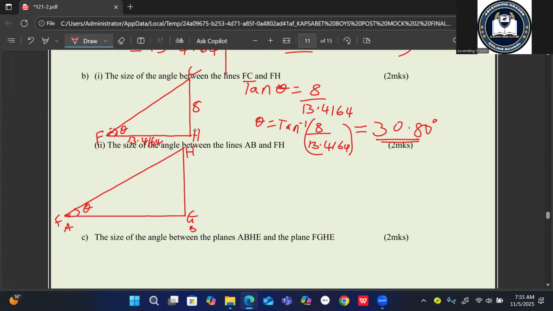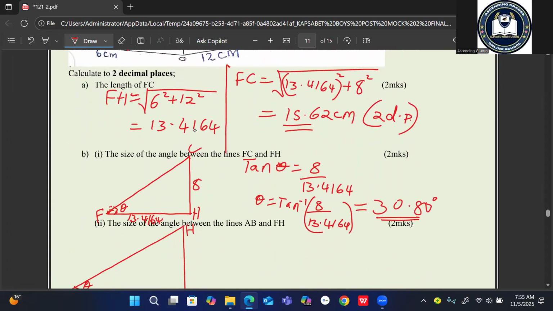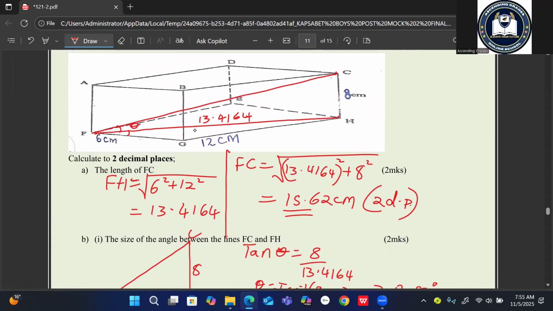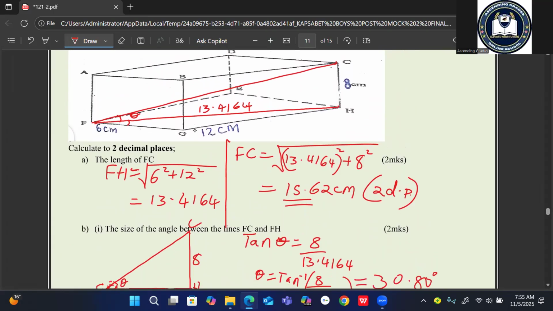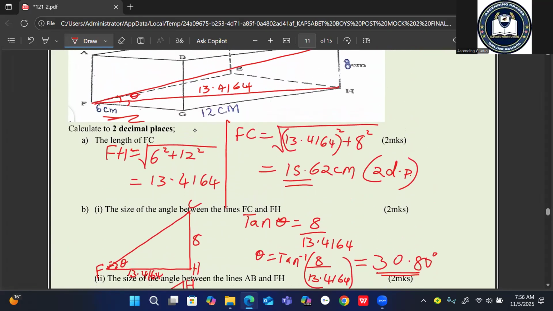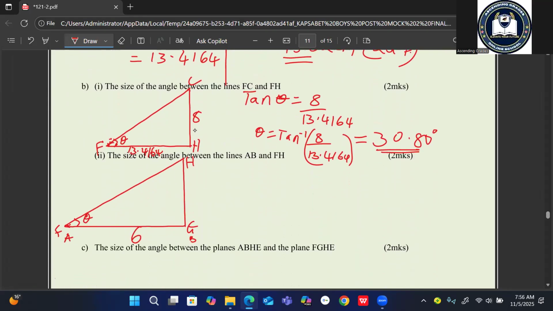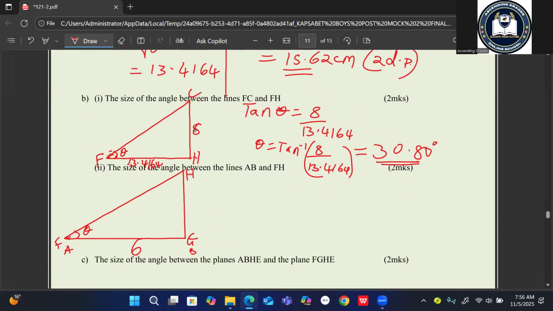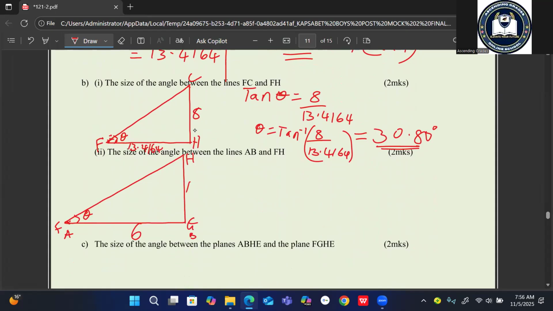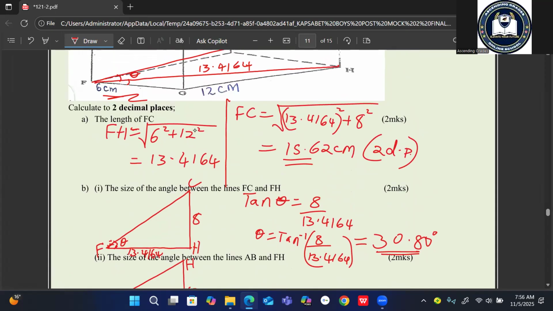So, with that one, we have 8, we have 6, which is this one. Then we also have BH or GH, which is the same as 12 centimeters, which is here.